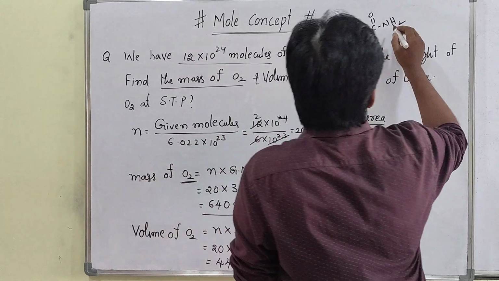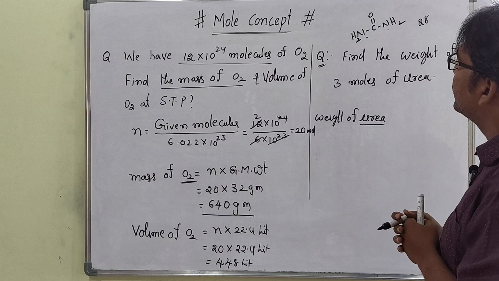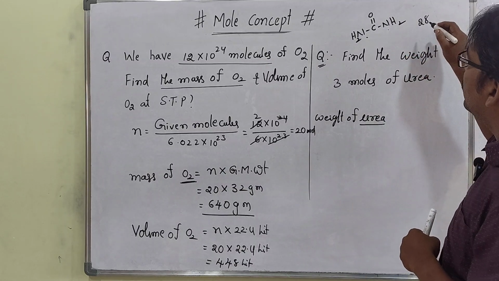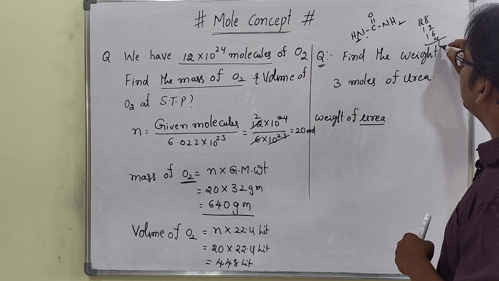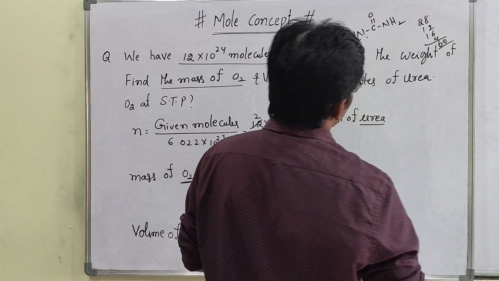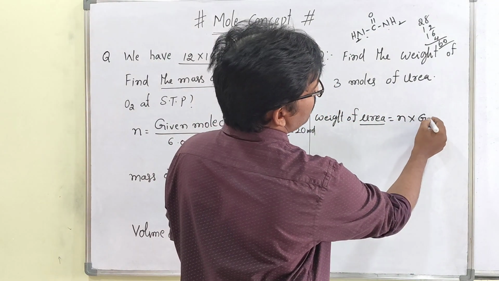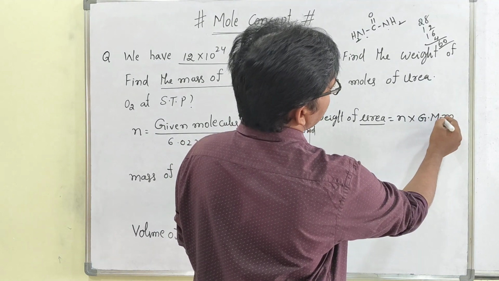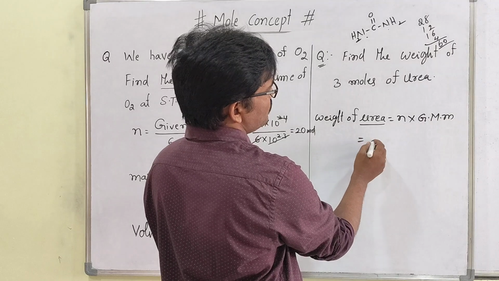So how many nitrogens are there? 2 are there, so 28 is the molar mass. Then hydrogens 4, carbon 12, oxygen 16, then in total you can get 60 as the gram molecular mass. So to find the weight, you have to take n into gram molecular mass, or gram molecular weight. Sir, gram molecular mass or gram molecular weight, both are the same.